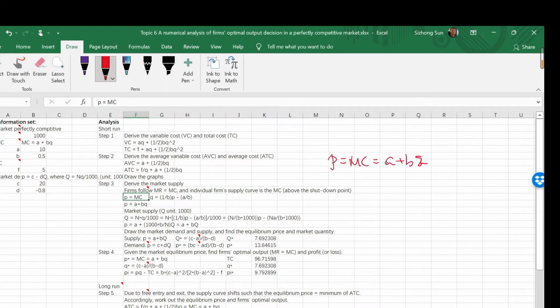Now we can write Q as a function of P. Move this term to this side, so BQ is P minus A. Q is 1 over B times P minus A over B.